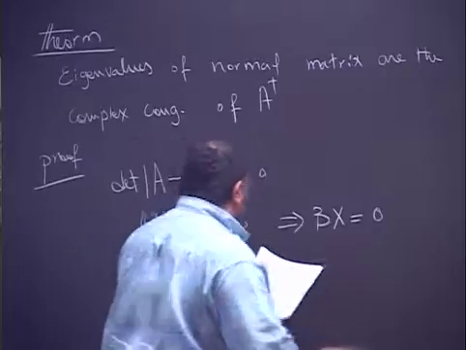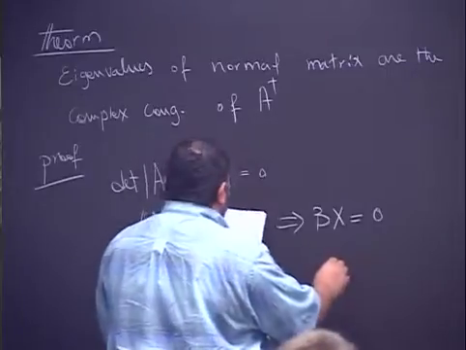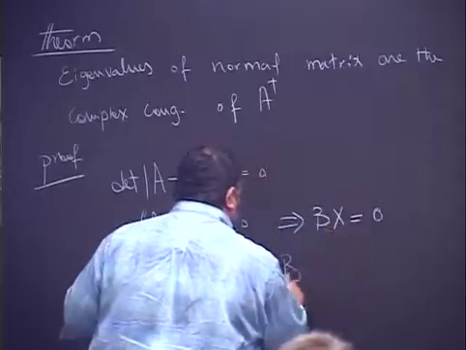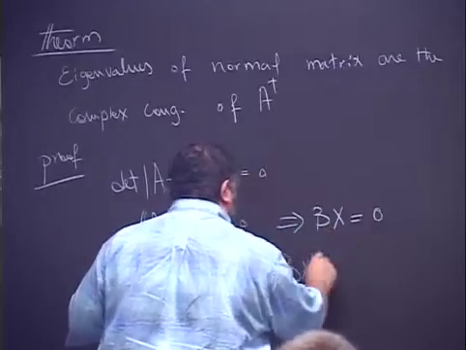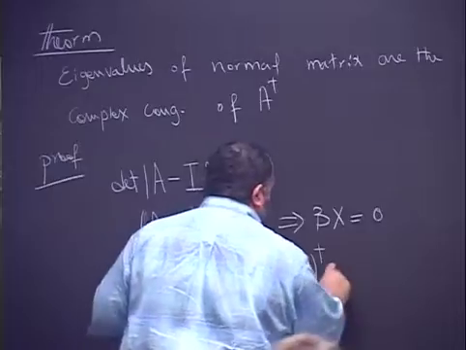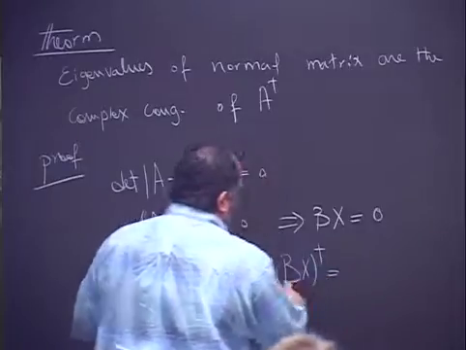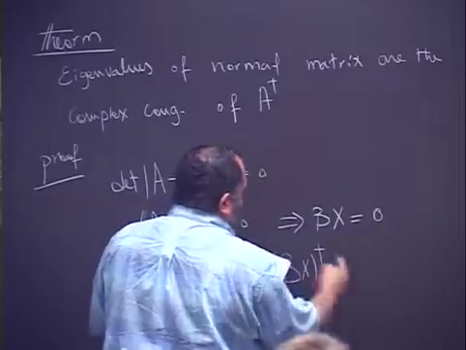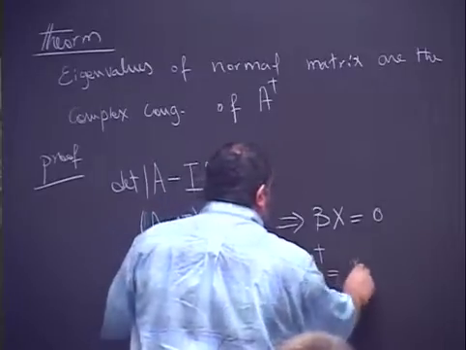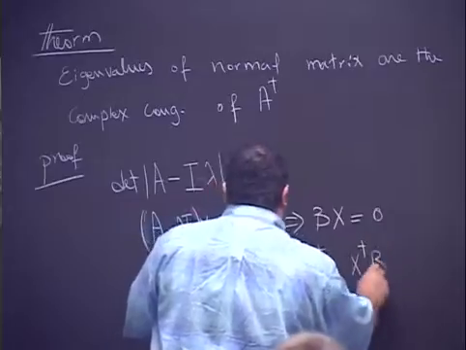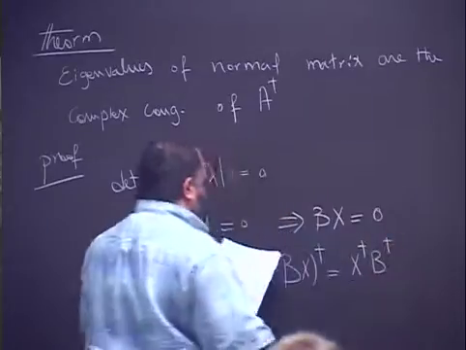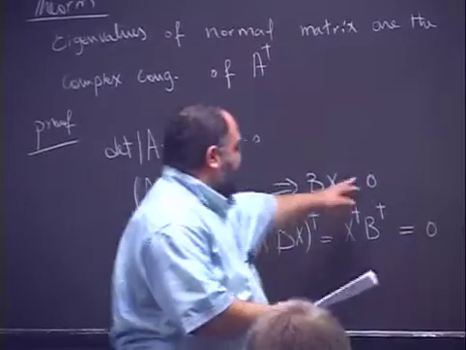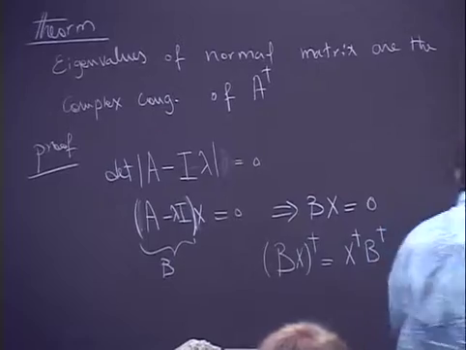Then in principle, if we take the adjoint of this, Bx, and you take the adjoint of two matrices using the adjoint property, you will have x adjoint first, and then B adjoint, and again this is equal to 0 because the adjoint of 0 is just 0.